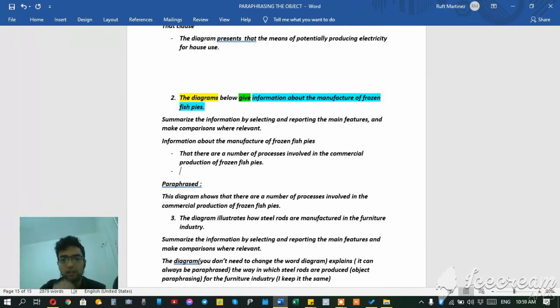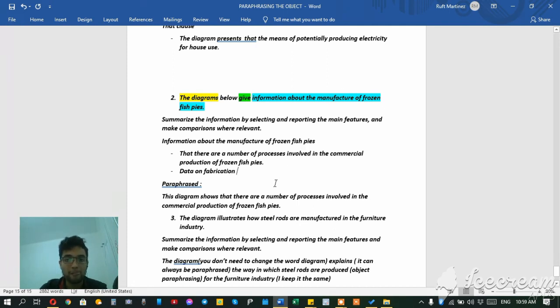And what else can we use for information about the manufacture of frozen fish pies? We can use this: data. Okay. Simple. The data on fabrication. Fabrication also means manufacture.